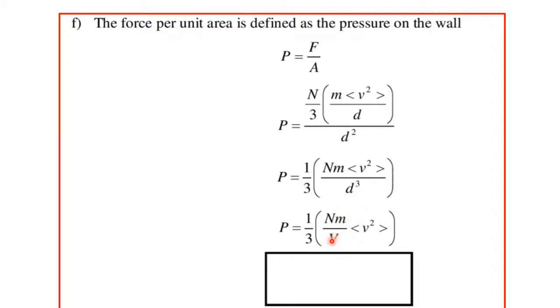Okay, volume ni datang dari D cube ni. Times mean squared. So arrange this equation, we get this equation. PV equals 1/3 N M mean squared.